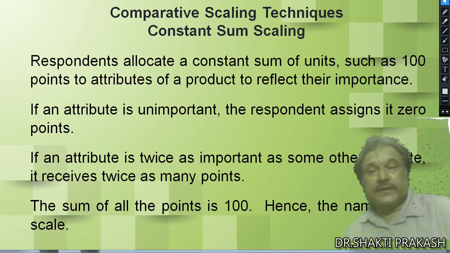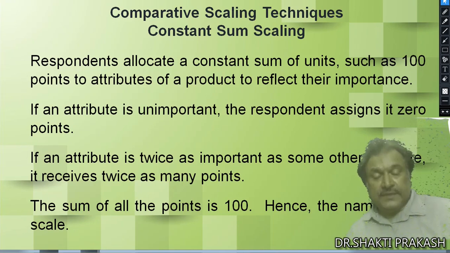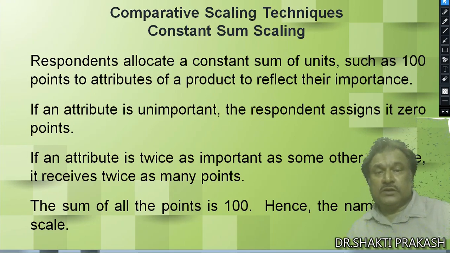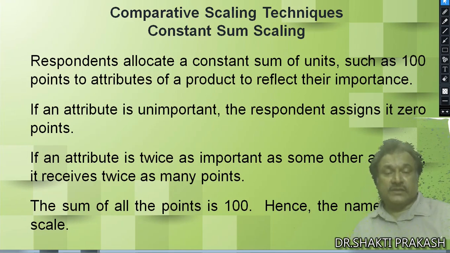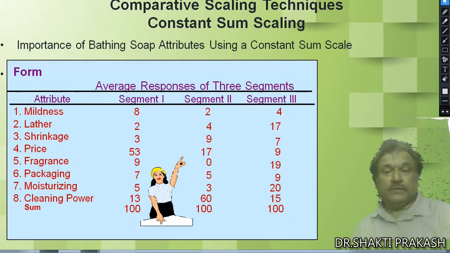Then another comparative scaling technique is constant sum scaling. Constant sum scaling is called so because here one constant, like 100, is given as points across the attributes of a product to reflect the performance. The 100 is the constant sum. In this example you will understand much better.